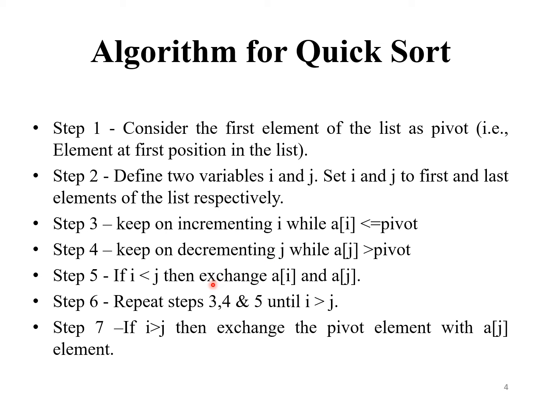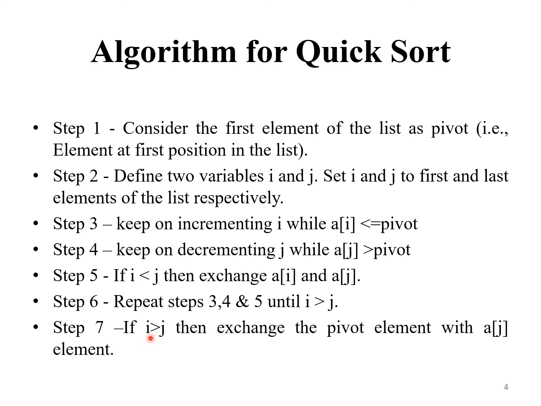Next in step 5, if i is less than j, then exchange a of i and a of j. So when we stop i and j, we check whether i is less than or greater than j. If i is less than j, then exchange a of i and a of j.